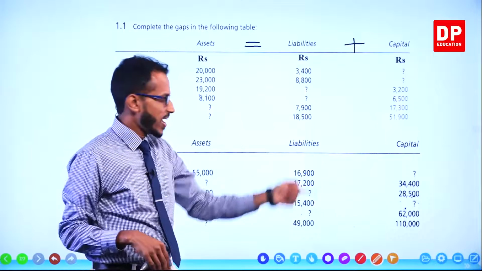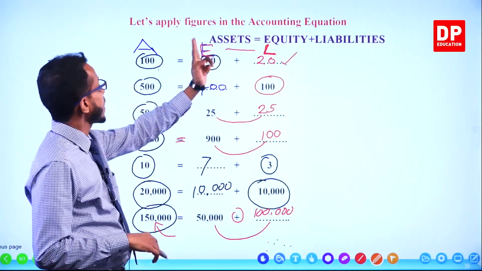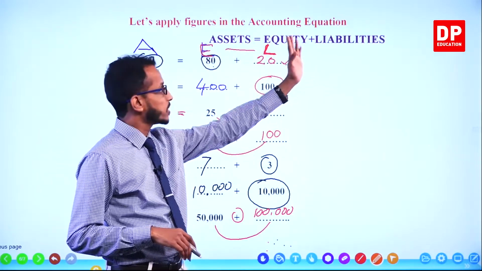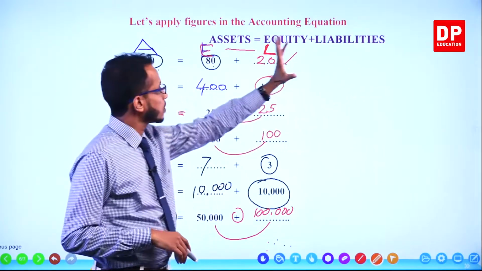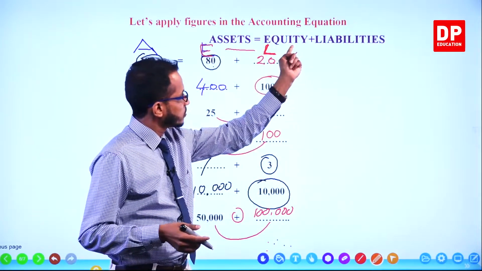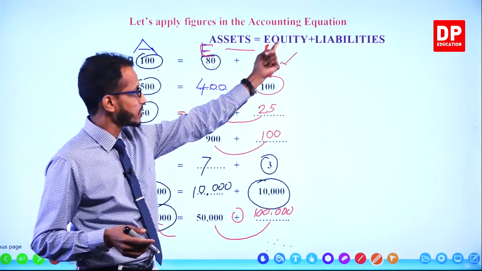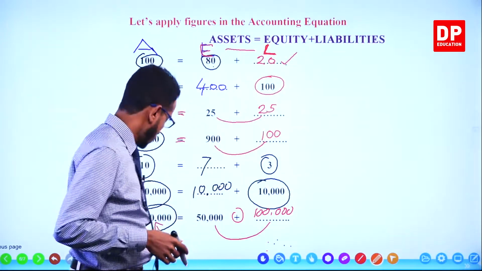Earlier we had assets equals equity plus liabilities. So equity was here and liabilities was here. Or in other words, equity was the first element, then liabilities. Equity means capital, we know that. So capital plus liabilities.